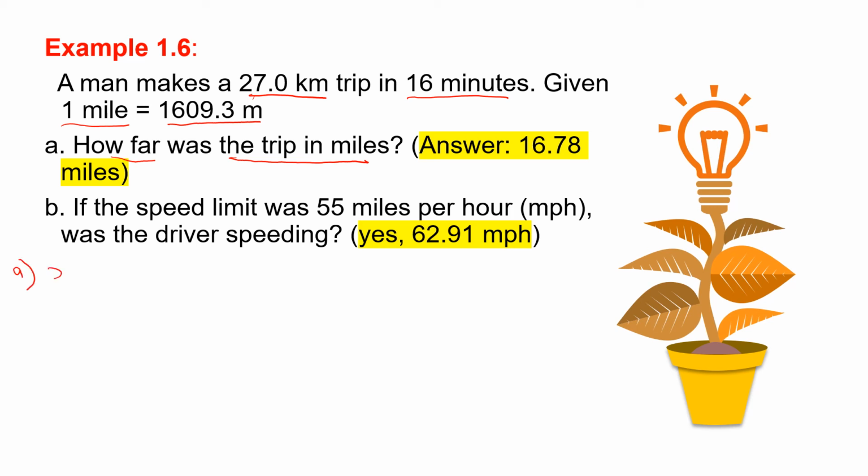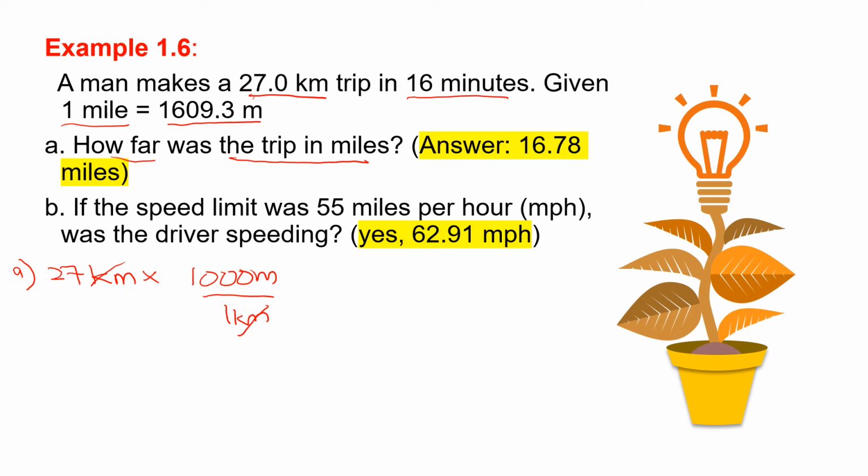So how do we convert? We have 27 kilometers. So how do we convert it to meters? 1000 meters is equal to 1 kilometer. So here we can cancel the unit kilometer.